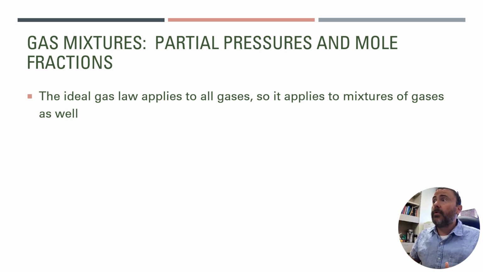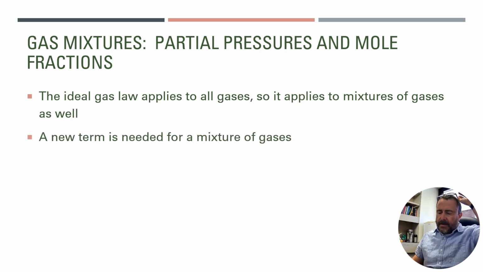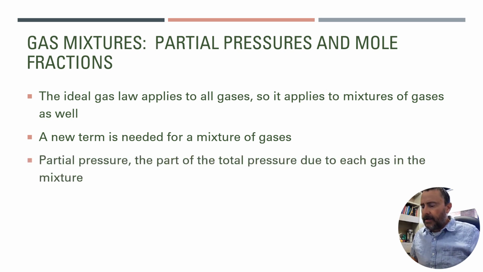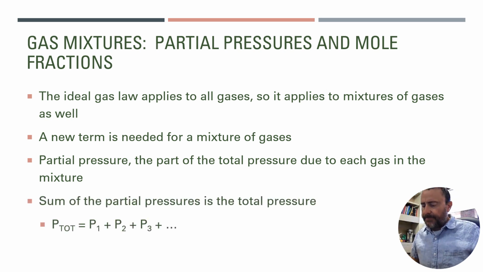And it works for mixtures of gases as well. When we have mixtures of gases, we're going to come up with a new term, and that is the partial pressure of a gas. If you have a mixture of gases, the total pressure is the sum of the partial pressures of all the individual gases.